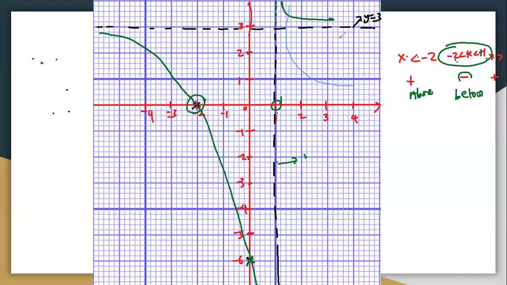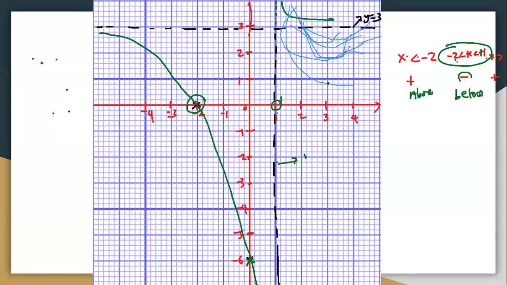Like there, sir. Like this. You bring your curve like this? It comes, but it stops here on two.